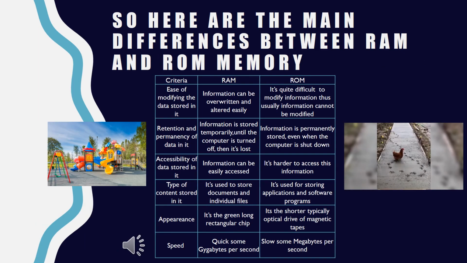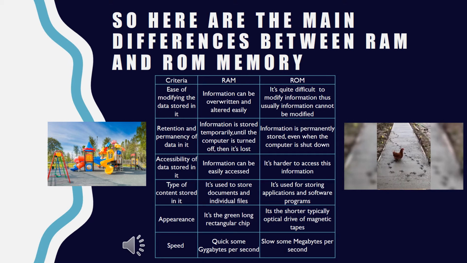So to wrap up this question, here in this table are presented some of the main differences between RAM and ROM. A quick glance of it would be: ROM is slower, it has less capacity, information here is not easily modified.